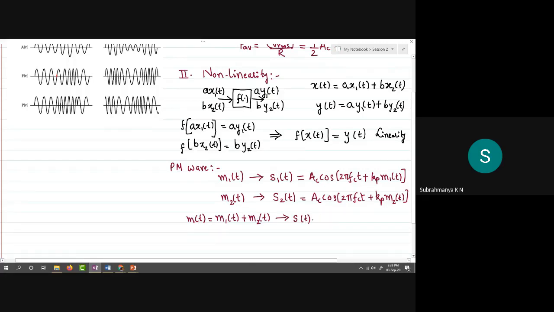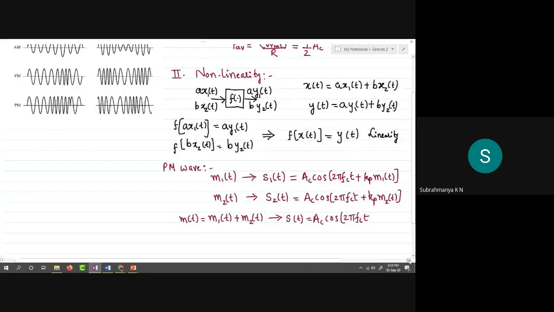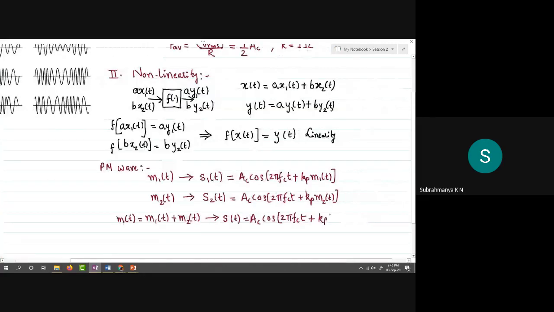S of t I can write as Ac cos(2 pi fc t plus kp times m of t). But what is m of t now? m of t is a linear combination of these two message signals, which I take as m1 of t plus m2 of t. So this is my modulated wave with a linear combination of the message signals.